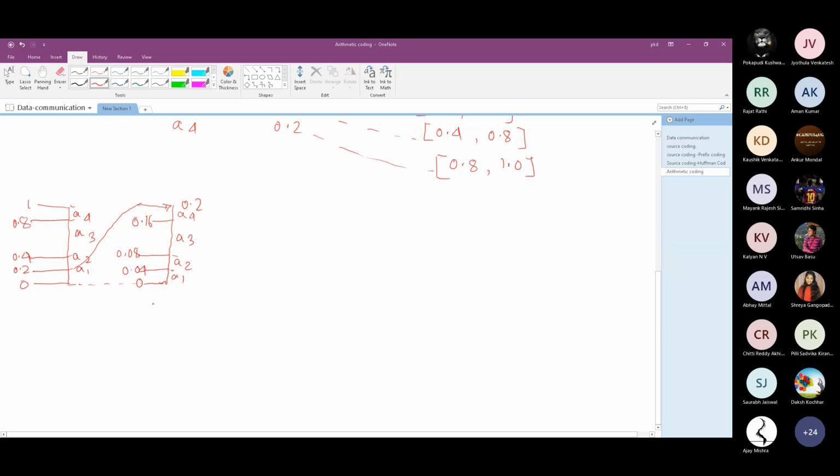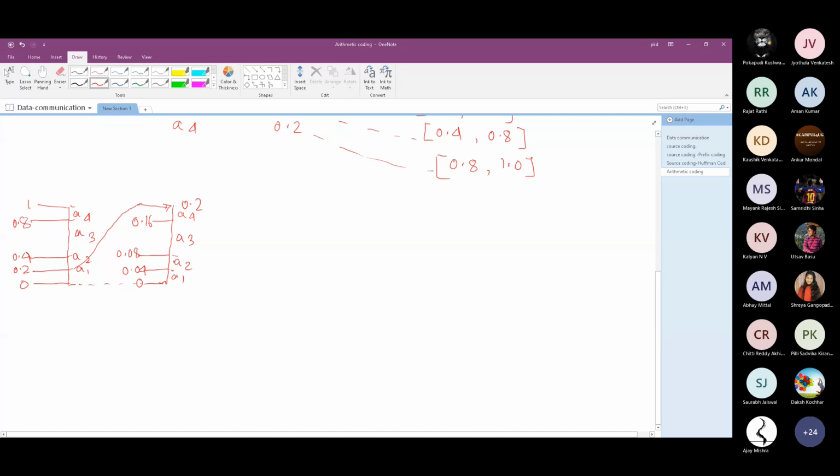So that means we are embedding this probability distribution, that is 0, 0.2, 0.4, these cumulative probability distributions, in the sub-interval of 0.2. Because the distribution is intact, they themselves can represent the symbols A1, A2, A3, A4.